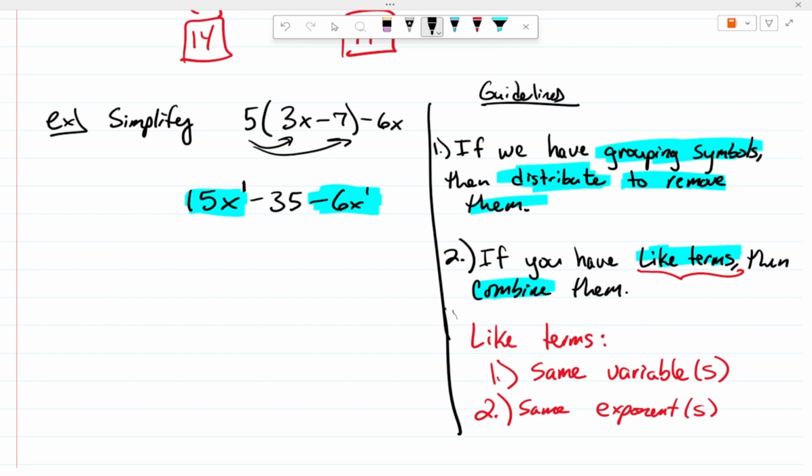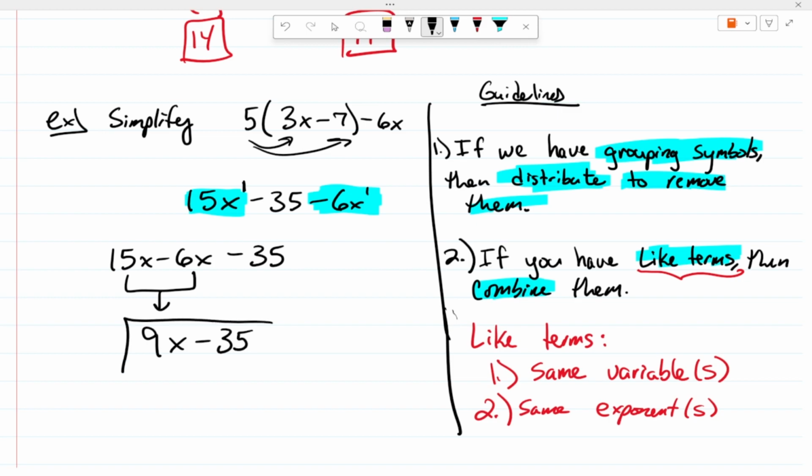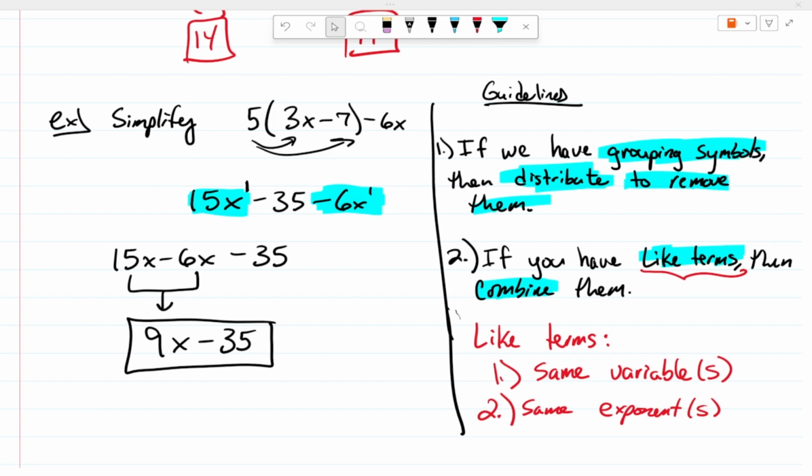To group them, just write them together. And then you subtract. So we're going to combine them to give us 15 minus 6 is 9x minus 35. And that is how you simplify an algebraic expression.